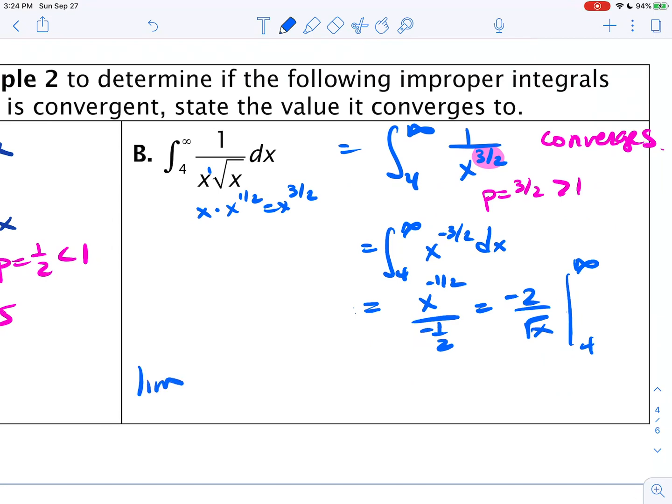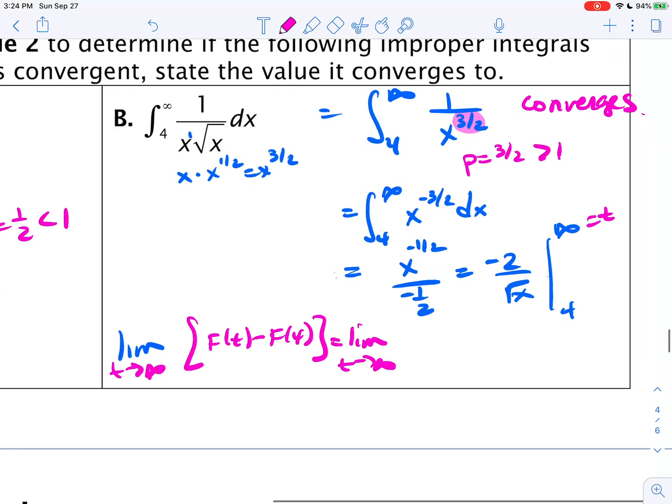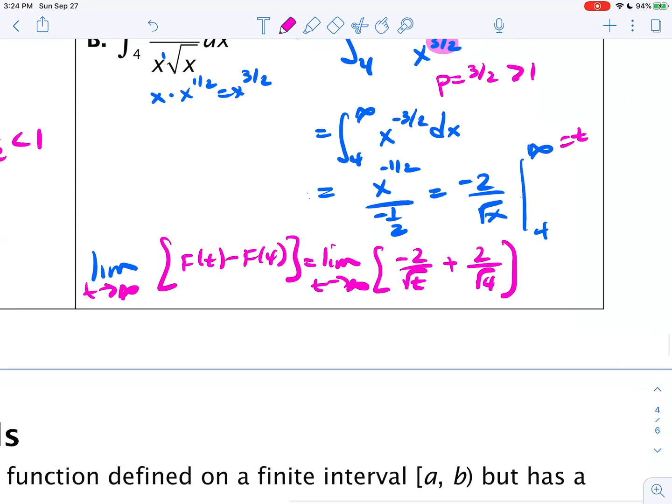And so that's going to give us the limit as t goes to infinity of f of t minus f of 4, and that's going to give us the limit as t goes to infinity of minus 2 over square root t minus minus, which turns into a plus, 2 over the square root of 4, and we are going to minus 2 over infinity plus 2 over 2, because the limit of a constant is a constant, and when we plug in infinity in the denominator, we're going to 0, and so we're going to 0 plus 1, which is 1.